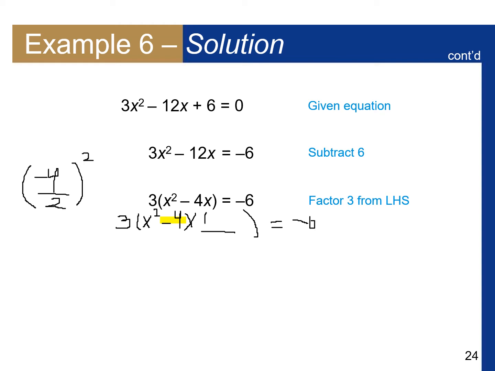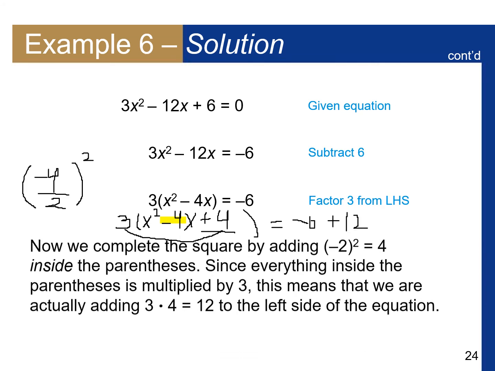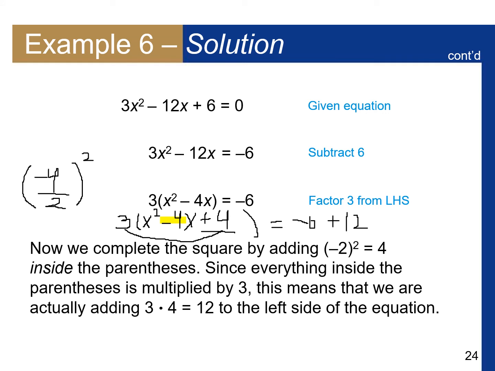So that means I'm going to add 4 to this side. But notice I actually have a 3 in front of here. So I'm actually not just adding 4, I'm adding 12. So I have to add that total 12 to the other side as well. Okay, so that's what they just explained to you there, that you have to add 12.